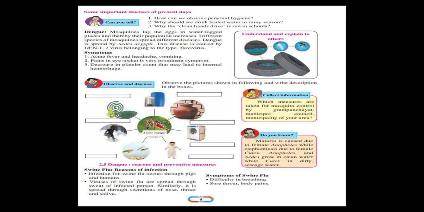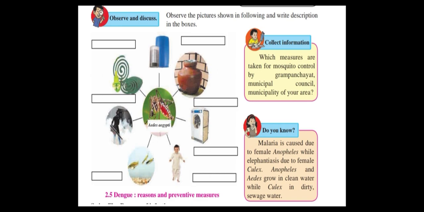Today we are going to see page number 8, observe and discuss, and some more related concepts. When we sit in front of you in the classroom, we discuss in detail, but today we are going to see only the points related to it.